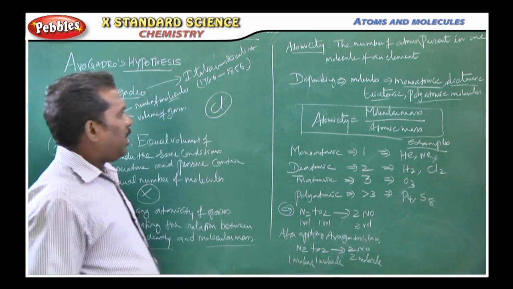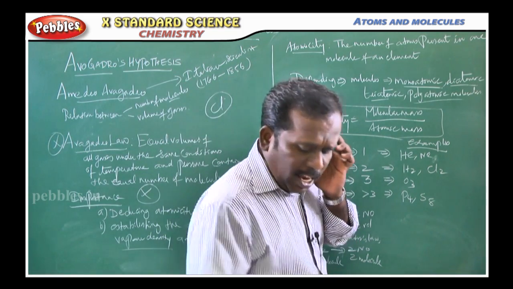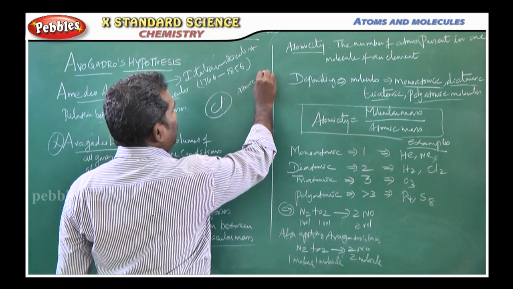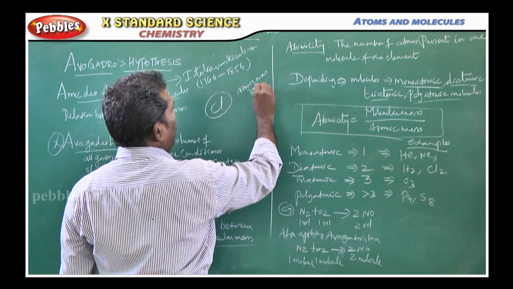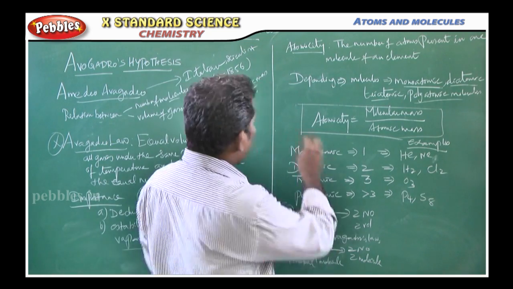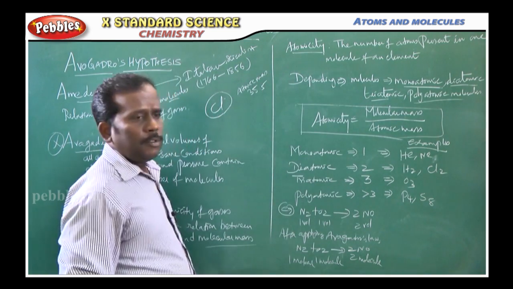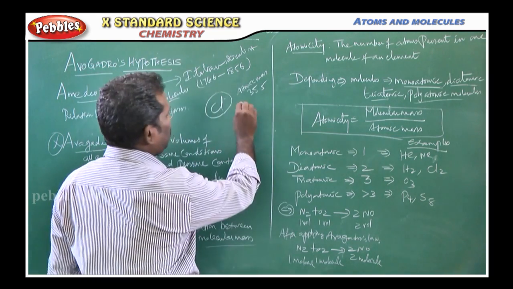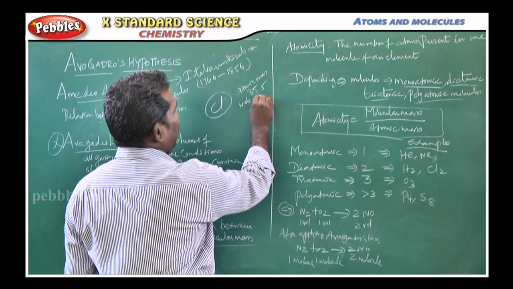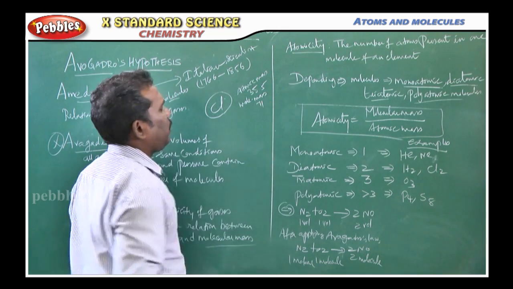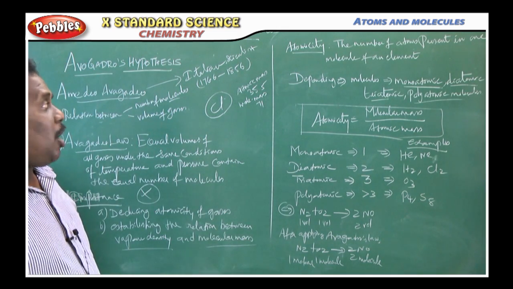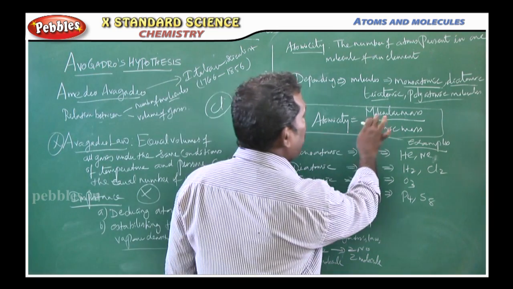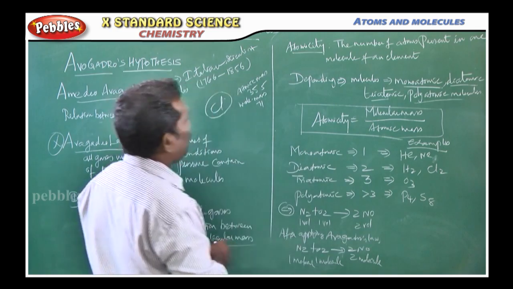Here the atomic mass is 35.5 and the molecular mass is 71. What is the formula we use? Atomicity equals molecular mass divided by atomic mass.